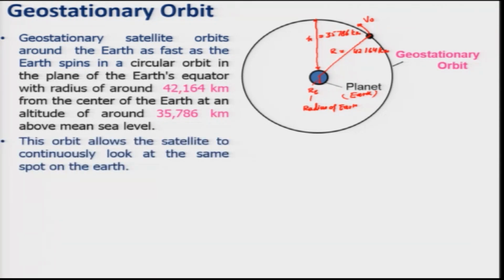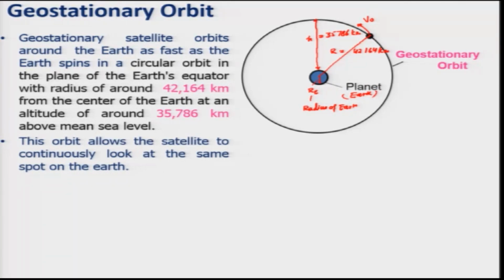And this orbit allows the satellite to continuously look at the same spot on the earth, because it is moving with the same angular velocity with which the earth is also moving. So, that is the beauty of stationary.